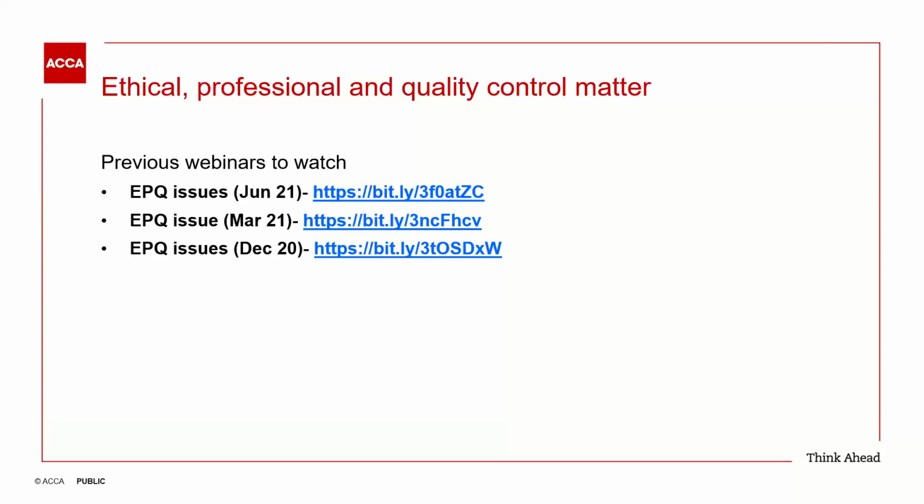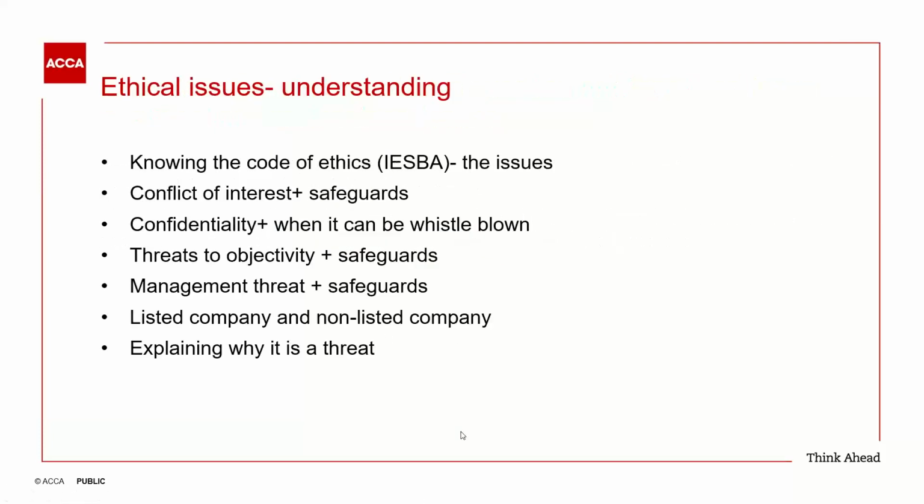So if you watch the previous webinars along with this one, it will really benefit you in terms of writing a very good answer to a question on ethical, professional, and quality control issues, and you will not make the silly mistakes which your examiner doesn't like. Is that clear with the day 2 agenda? This was a continuation of the day 2 agenda, and now we are starting with day 3. Is that clear? Should we move on to the agenda for day 3 now?